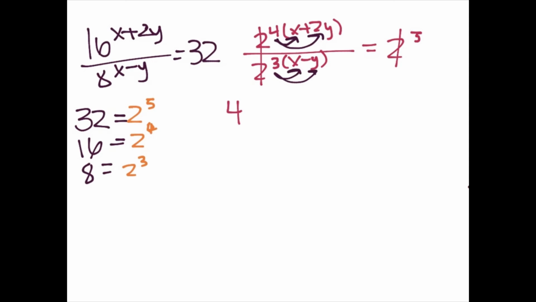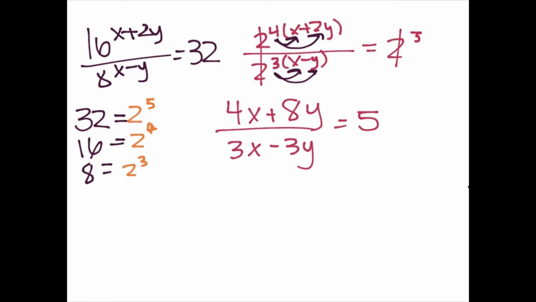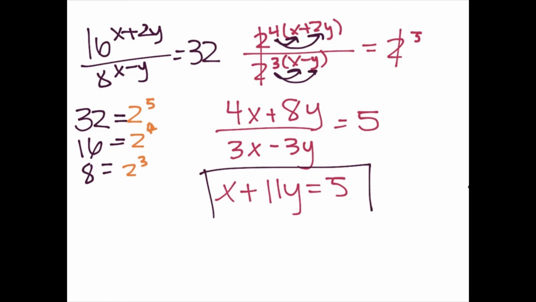So you will end up with 4x plus 8y over 3x minus 3y, which gives you 5. And now you subtract, so you get x plus 11y is equal to 5. So this would be our first simplified expression.